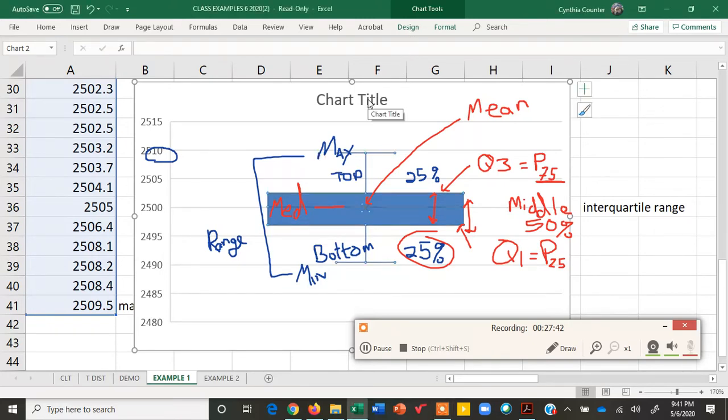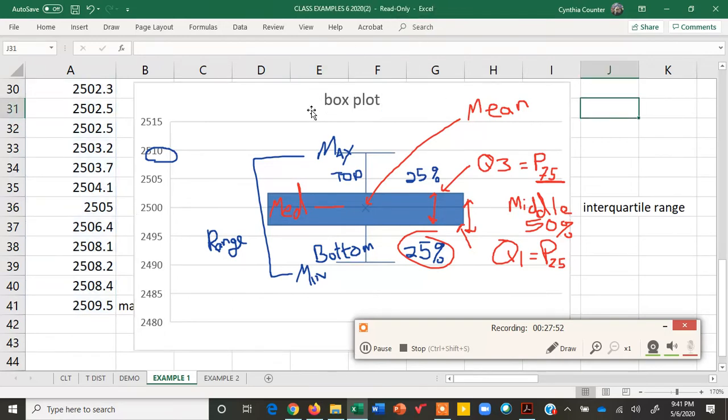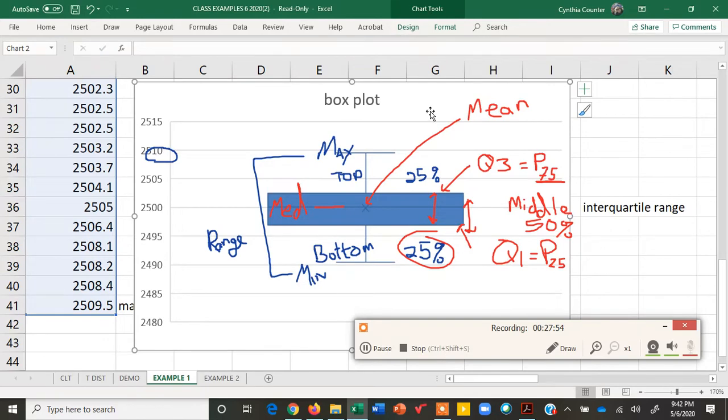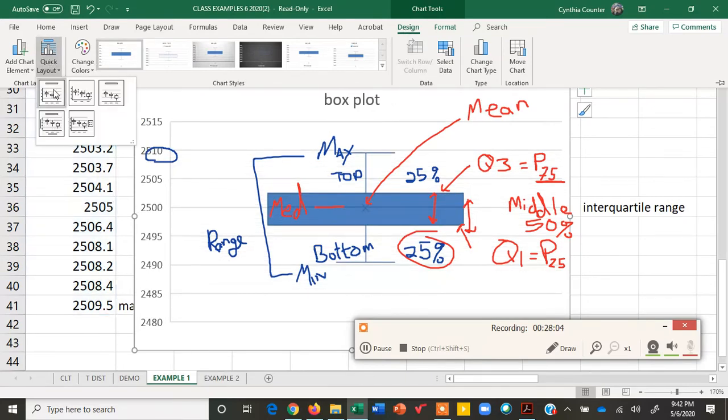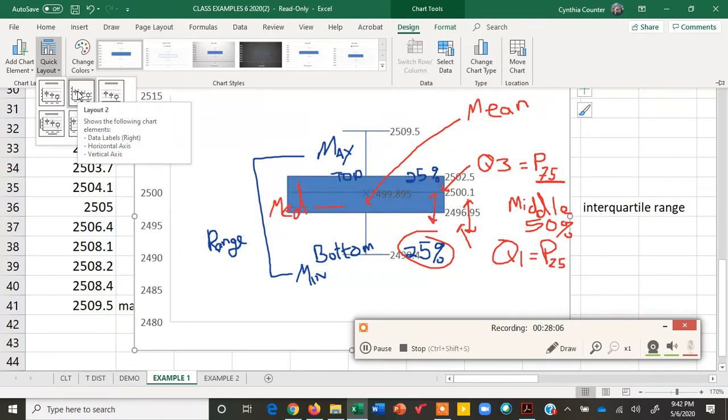Let me write box plot up here. Usually it's two words. Okay, so there's the box plot. Let me click on here again, and so the chart tools come up when I'm clicked into the chart. And when I go to design, there is a layout somewhere. Let's look at these different layouts. Here it is.